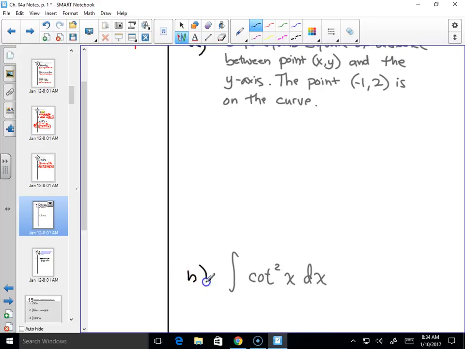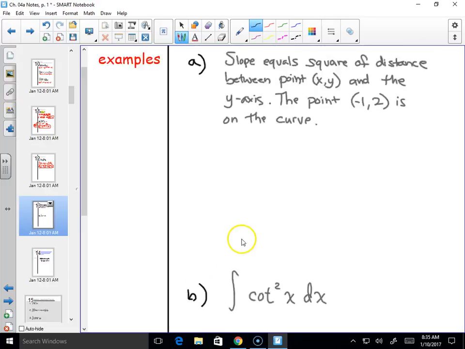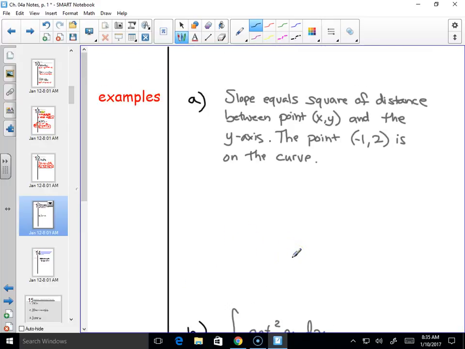Kiddos, write down the next example because it introduces something new. Slope equals square of the distance between the point x, y, and the y-axis. Okay, just write it down.